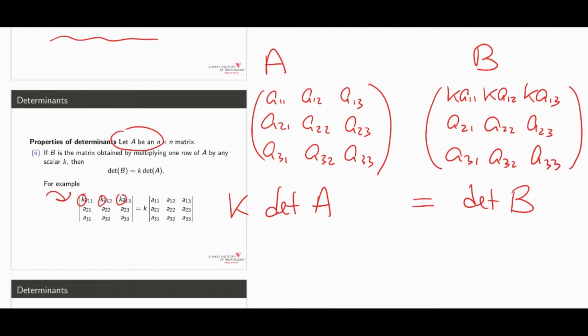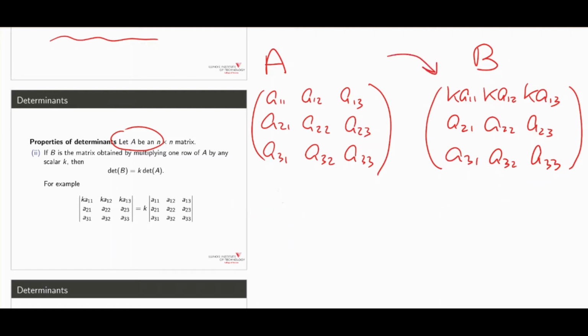Again, this is also true for the columns. So you can do one column factorization or one row factorization. And the reason is very simple. Because if you remember the cofactor expansion, say we do a cofactor expansion on this matrix, so let's do a cofactor expansion for this matrix B. So the determinant of matrix B, let's do the cofactor expansion along the first row.